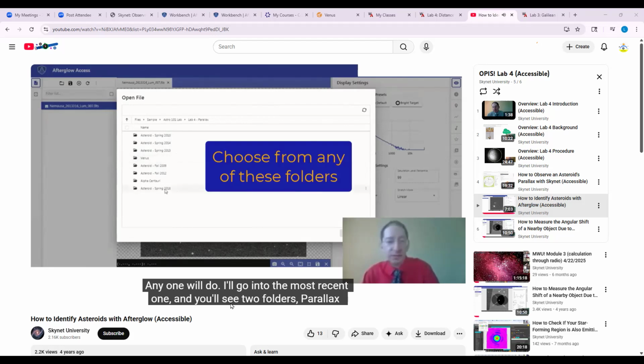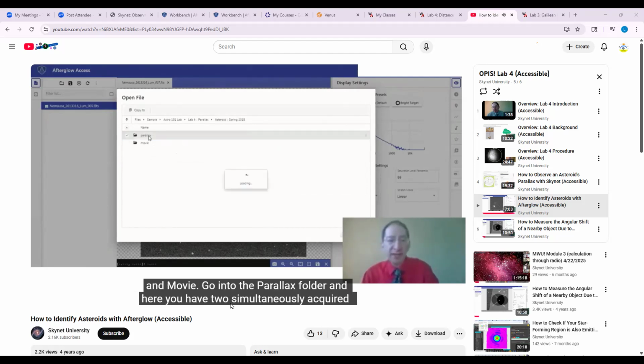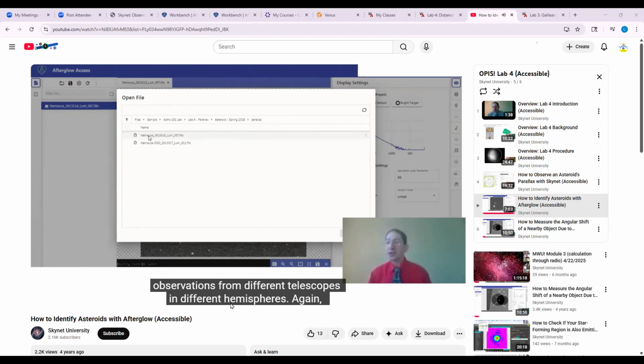Any one will do. I'll go into the most recent one, and you'll see two folders, Parallax and Movie. Go into the Parallax folder, and here you have two simultaneously acquired observations from different telescopes in different hemispheres. Again, to identify the asteroid, we only need to open one of these, and I've already opened the first one.